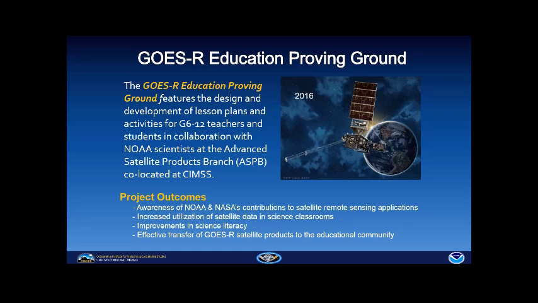So there are outcomes there. Look at the words there that are the overlap between what we're trying to do with Mission Earth and the specific satellite: satellites, remote sensing applications, getting satellite data in the classroom, and the role of GOES-R to the educational community.